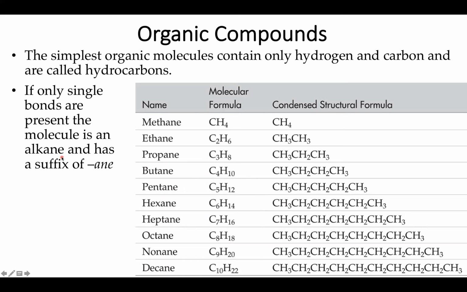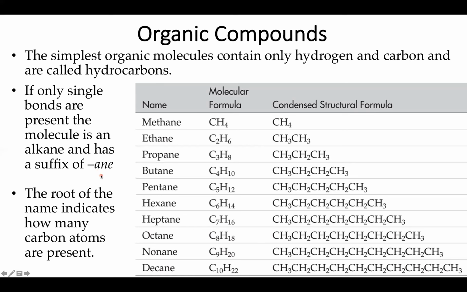And you can tell an alkane because they have a suffix of ane. It's really that easy. Now, in order to identify the alkane, we also have to watch out for the prefix of the molecule. So ane tells me I'm dealing with an alkane, but the prefix tells me how many carbons are present. 1, 2, 3, 4, 5, all the way to 10. Now, this can be a little bit tricky to keep straight of who's who.